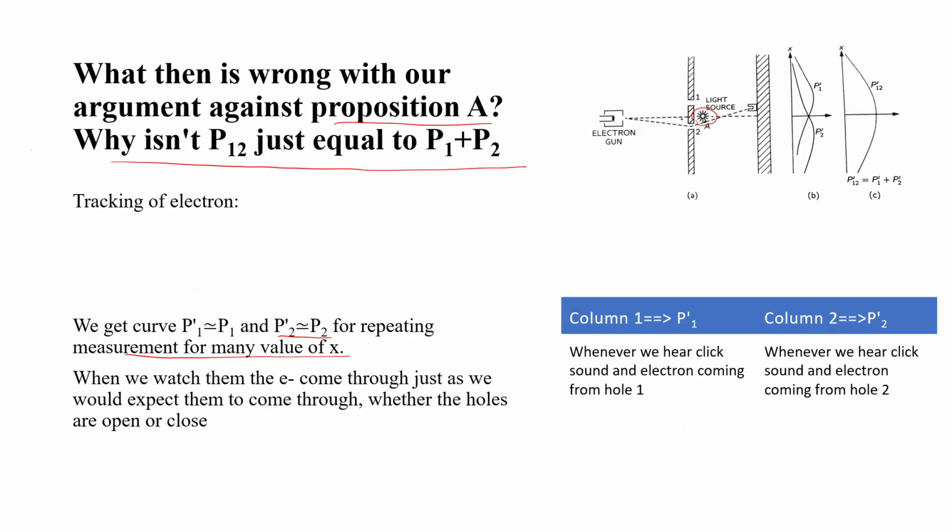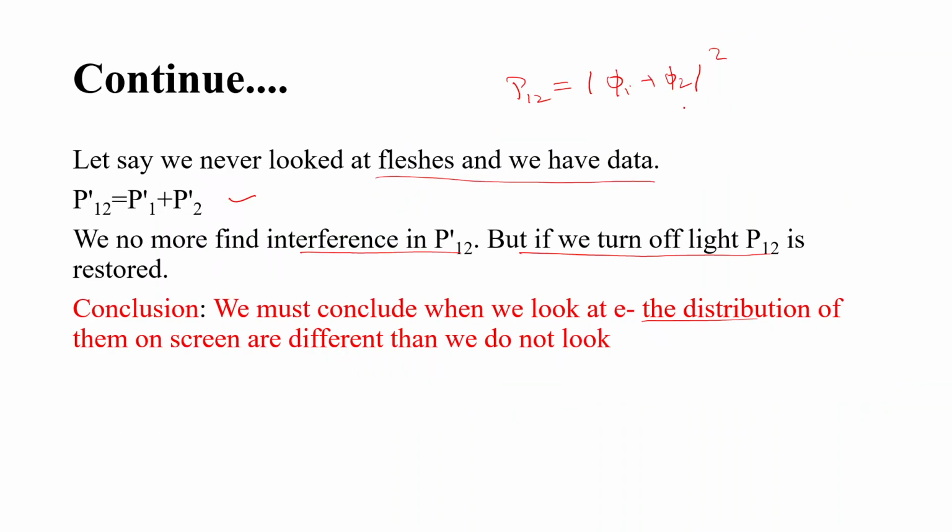So this is our light source. If its frequency is very low, it means lambda is long. So what we observe here is a big fuzzy flash, but we are not able to determine whether it is from hole 1 or hole 2.